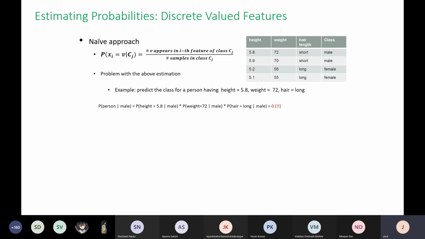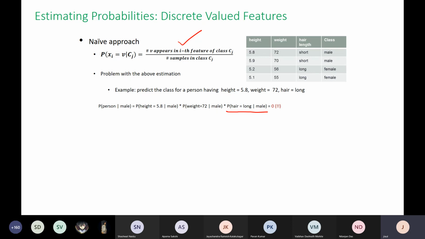Now, because my data doesn't say, the little data that I have, there is no male who has long hair in my data. So this probability, if I simply apply this rule, is going to be 0, because my data does not have that kind of information.